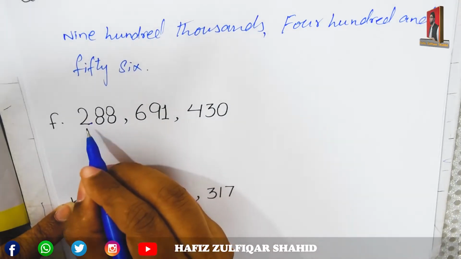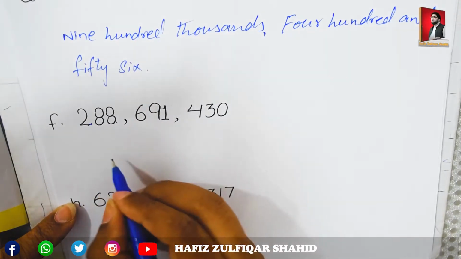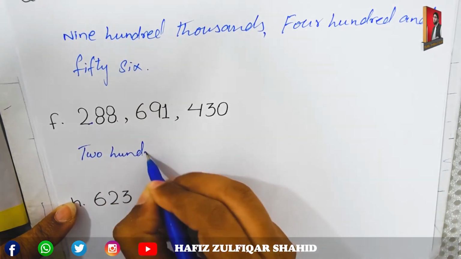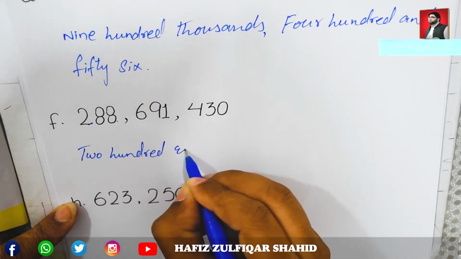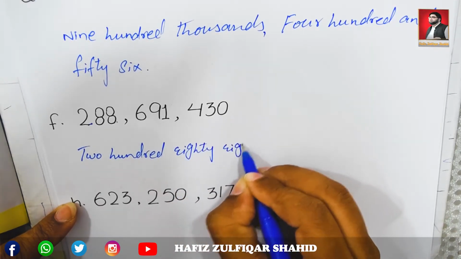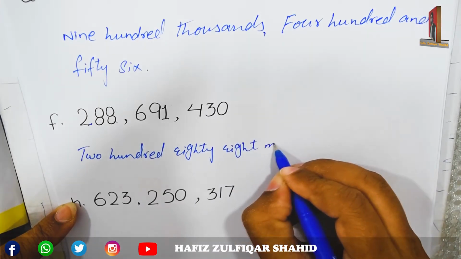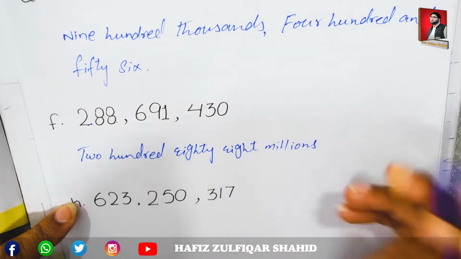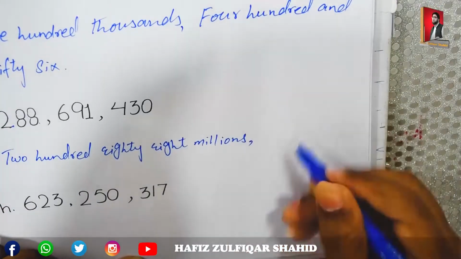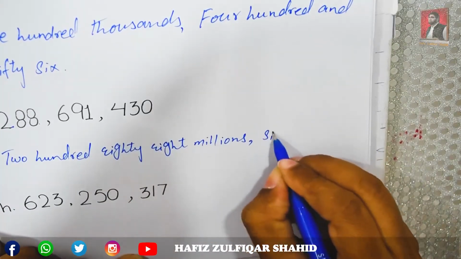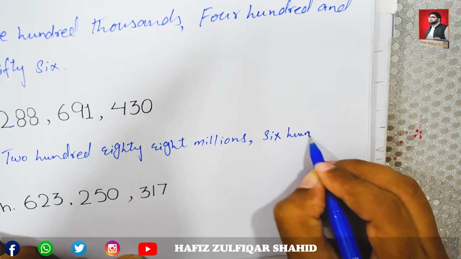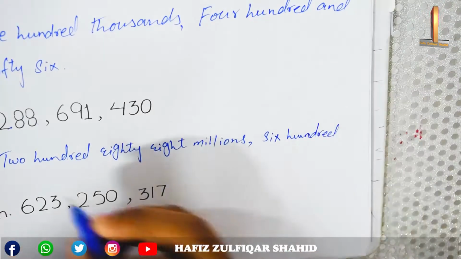Let's start from 288 million. Millions. Next is 600, 91,000.